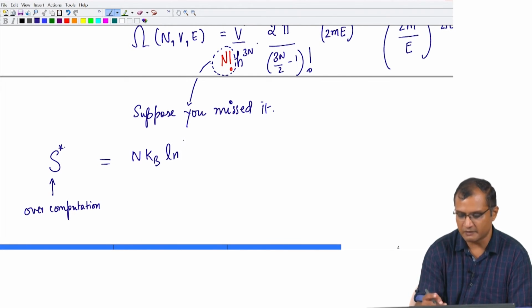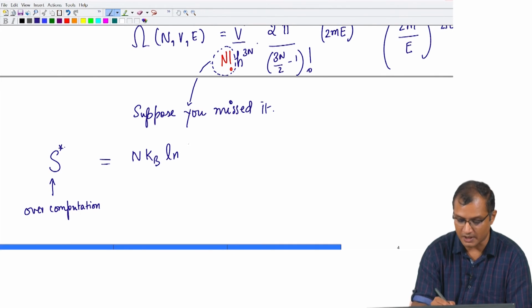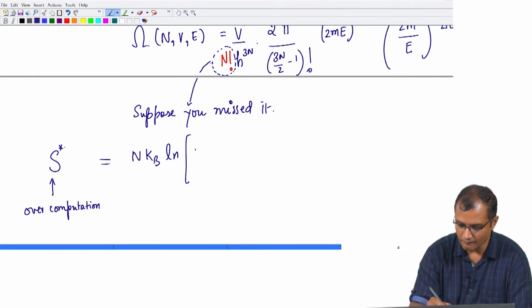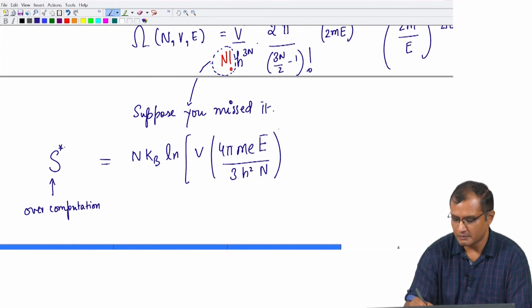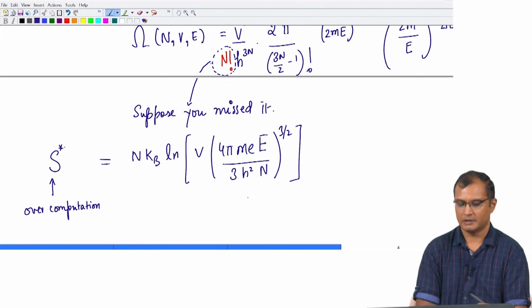You can do the calculation without the N factorial, just take a logarithm on both sides.